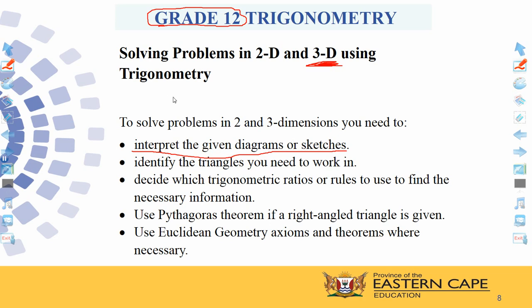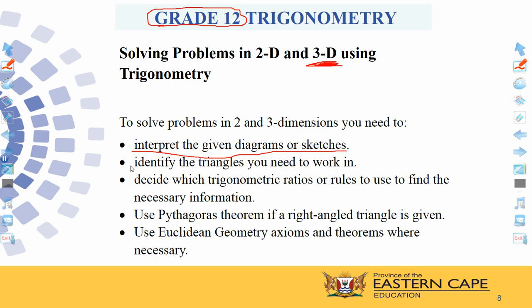So the statement above is followed by a diagram which illustrates what was explained in the statement, and then there are questions that follow. So the first thing that you must do, you must interpret the given diagram. Read the statement and check if what is in the statement is there in the diagram. If it's not there, write it down. If there is a length that is given, which is not in the diagram, write it down.